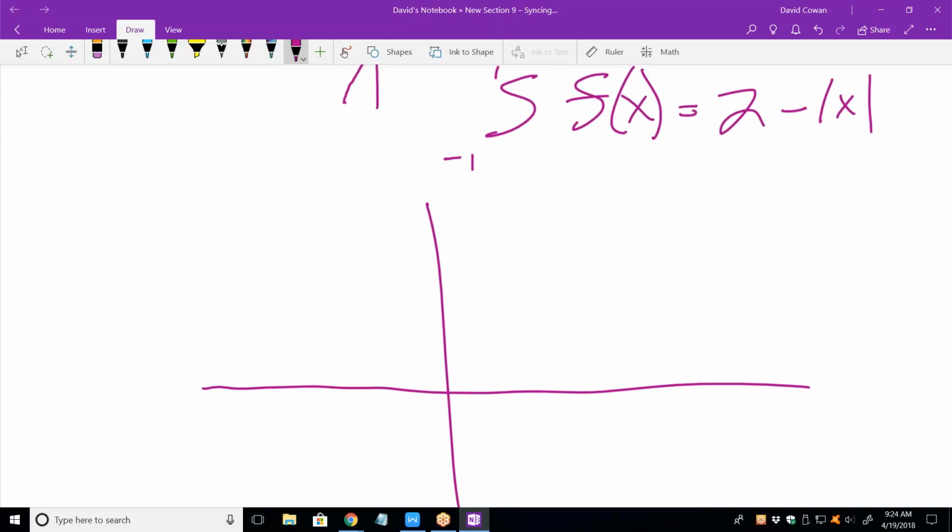So let's graph that. Start with the parent function. What's the parent function? The absolute value. So it's a v, but upside down. And then what's the 2 do? Think in terms of translations.